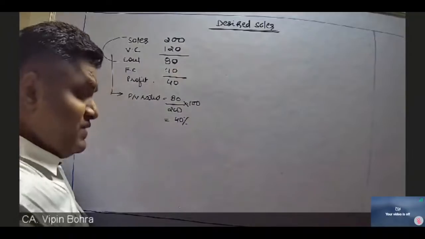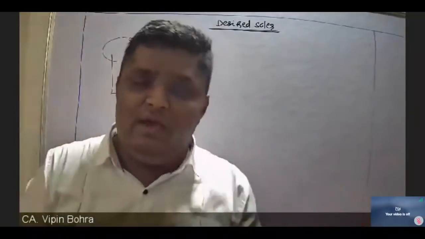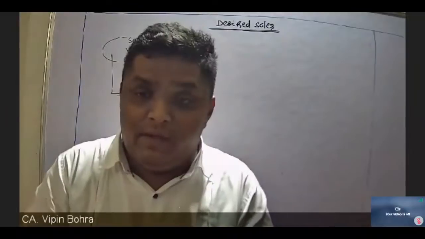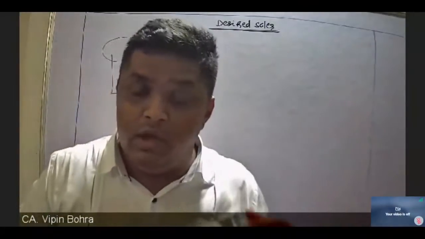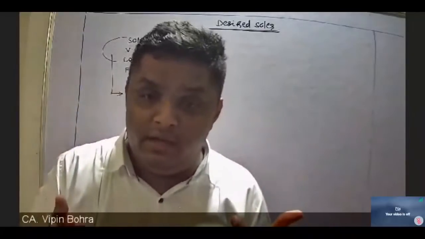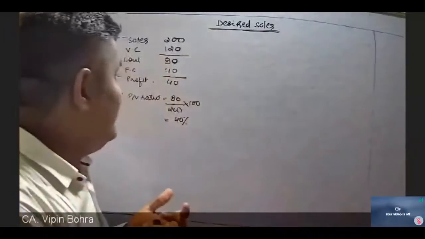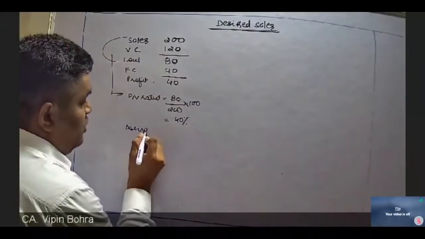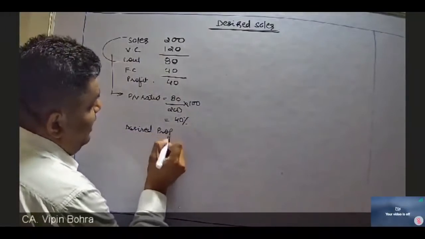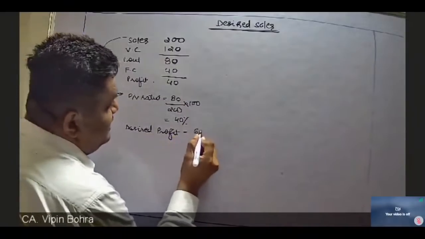Now suppose on a fine morning I wake up and say I want to earn a profit of say 600 rupees. How much sale I have to make? What should be my sales to earn a profit of 600 rupees? Suppose my desired profit is say 600 rupees.